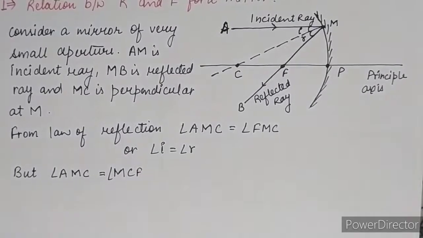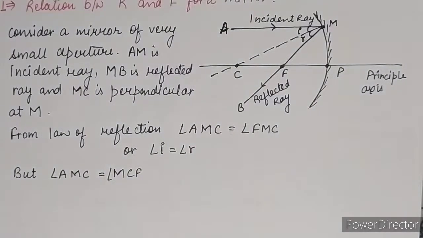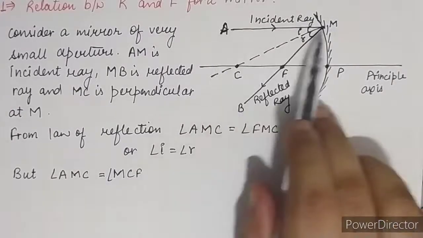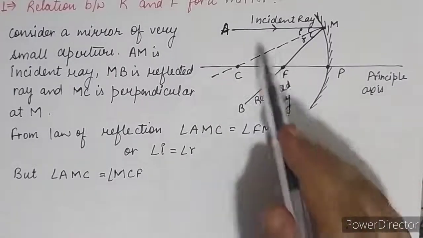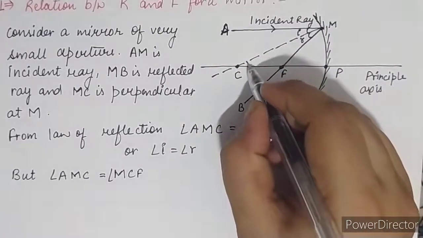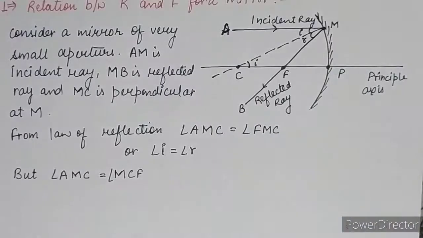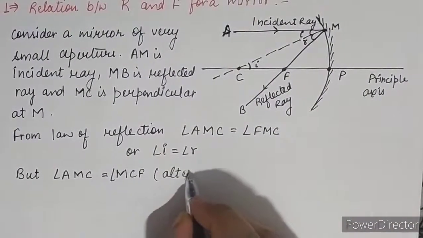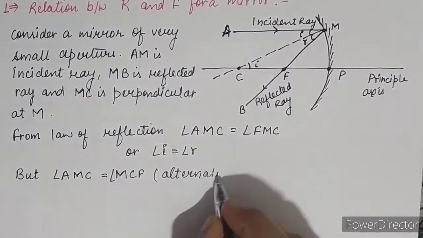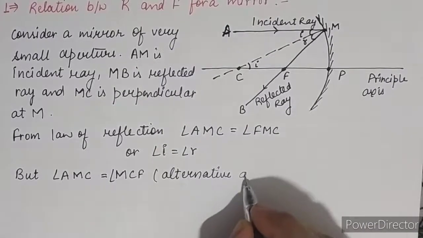Why am I telling this? Angle AMC, meaning angle I, is equal to angle MCF. This angle is also I. Why am I telling this? Because these are alternate angles.